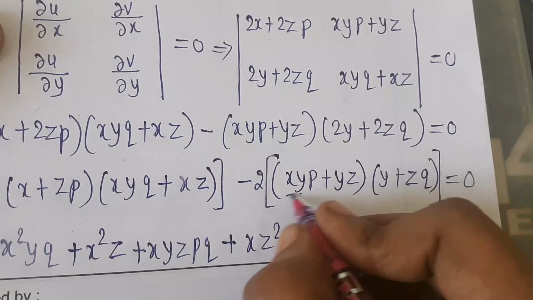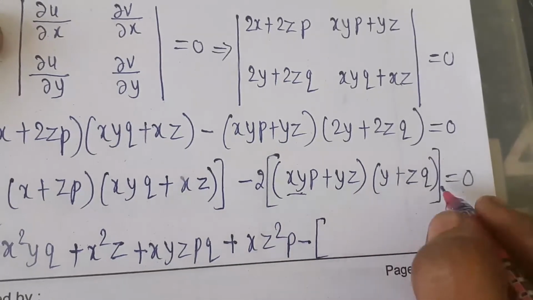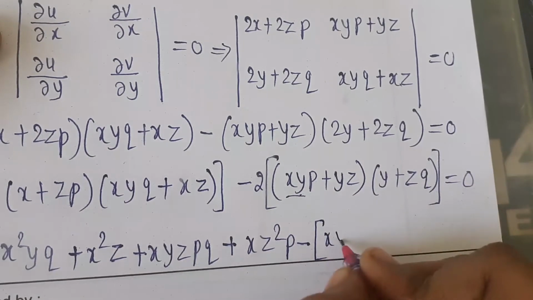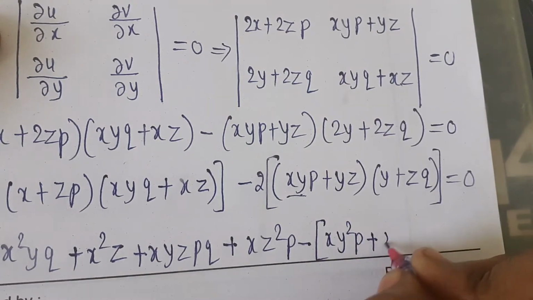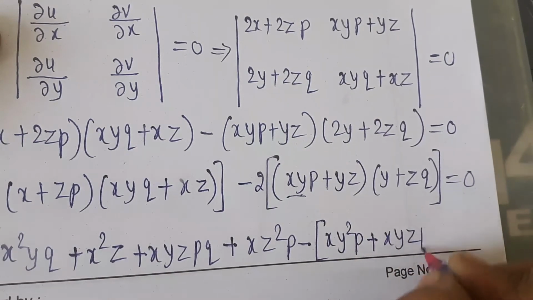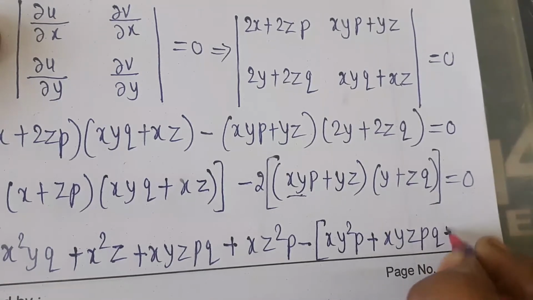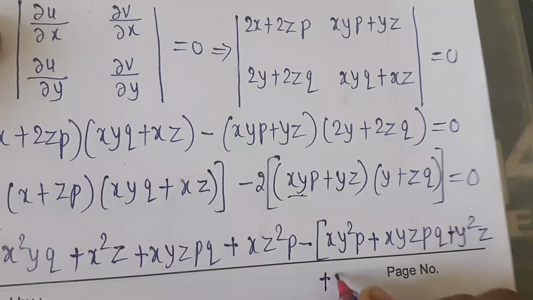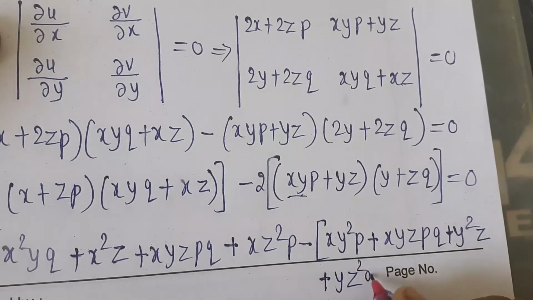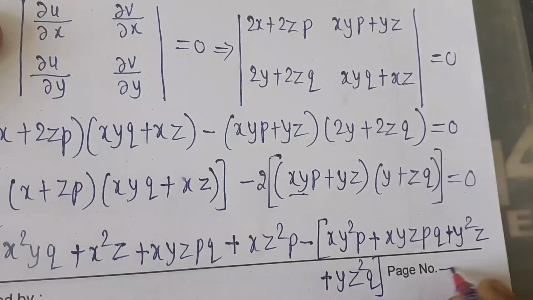So xyp first I multiply to the whole bracket, it becomes xy square p plus xyzpq plus y square z plus yz square q, and this is equal to 0.